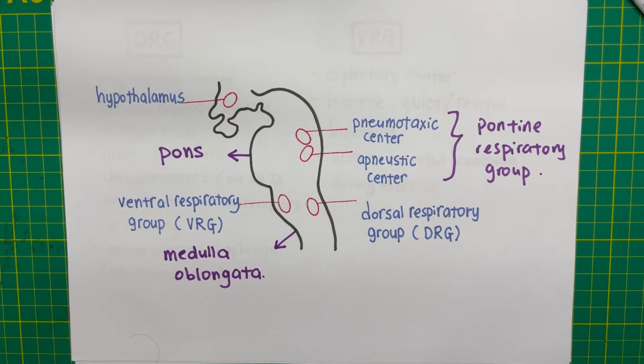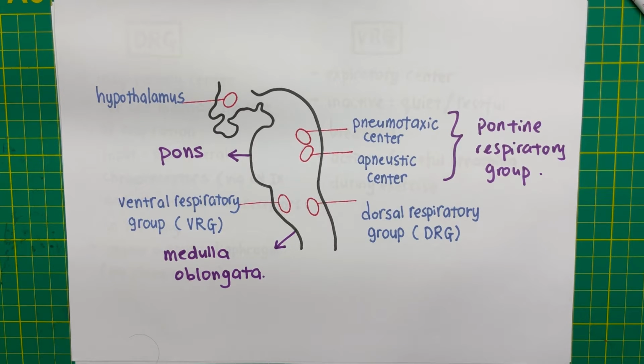So this is a diagram of the brainstem. At the pons level, the pneumotaxic center is located at the upper part of the pons, and the apneustic center is located at the lower part of the pons. The ventral respiratory group or VRG is located at the ventral or anterior aspect of the brainstem, whereas the dorsal respiratory group or DRG is located more posterior or dorsal.